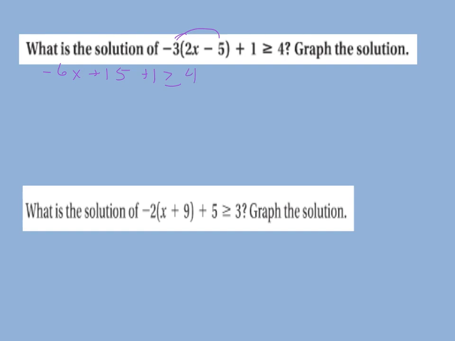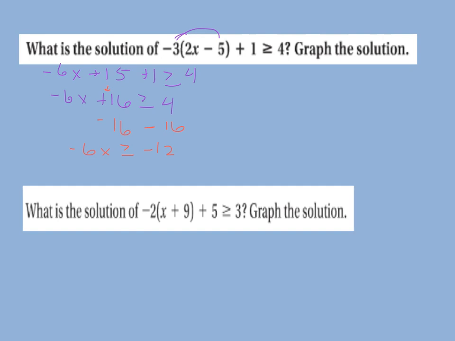And I can combine my like terms, so I'm going to have plus 16 is greater than or equal to 4. Now I look, what's the math going on here? It's adding. Opposite of adding would be subtracting. I want to get rid of my 16, so I'm going to subtract 16 from both sides. So I'm going to have negative 6x is greater than or equal to negative 12.